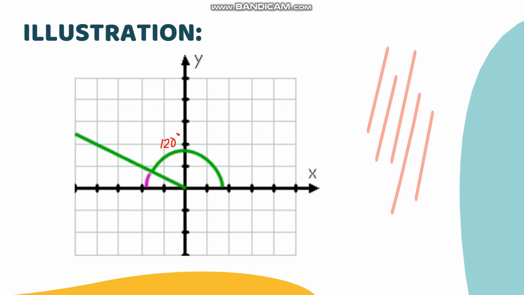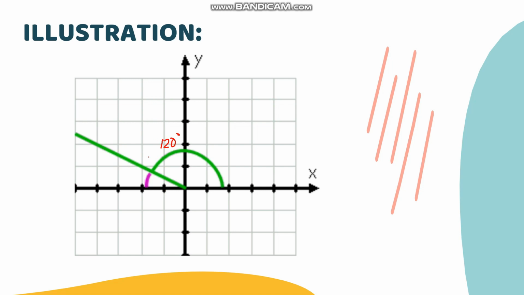The smallest angle that can be formed is this violet part right here. Again, this is the terminal side, this is the x-axis. So this is the smallest angle that we can form using the terminal side of the angle 120 degrees and the x-axis.